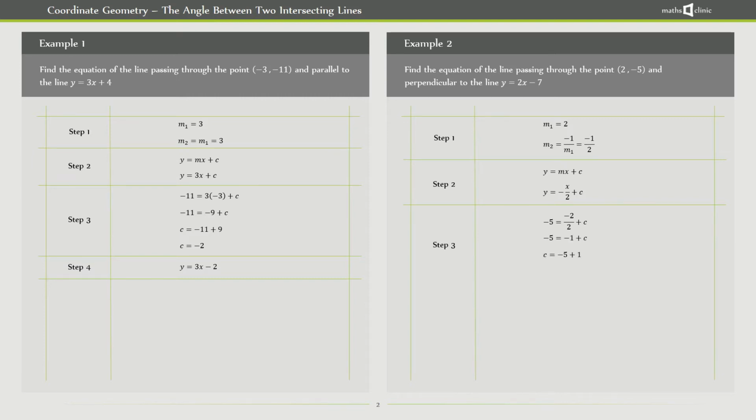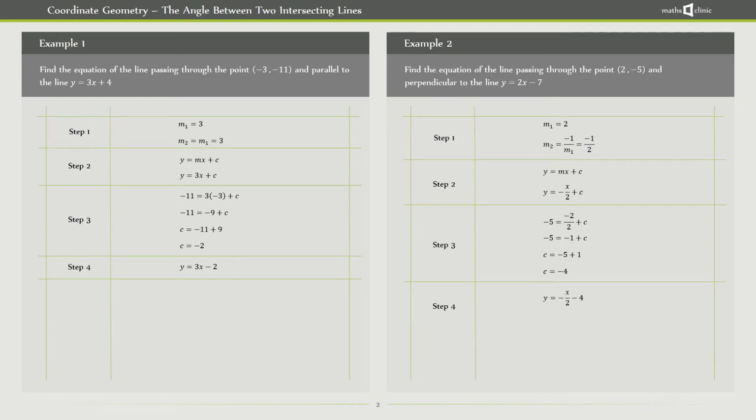We have -5 = -1 + c, and when we solve for c, we end up with c as -4.